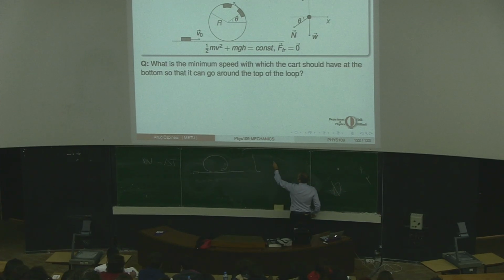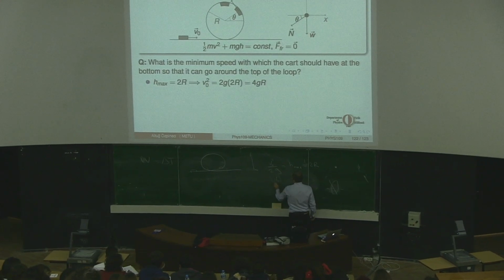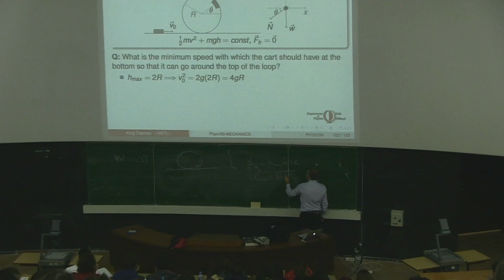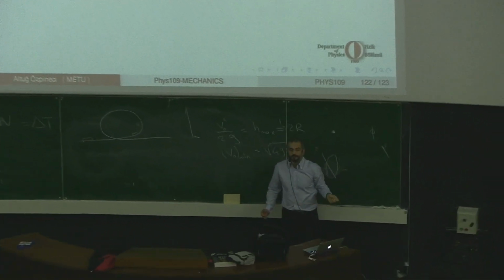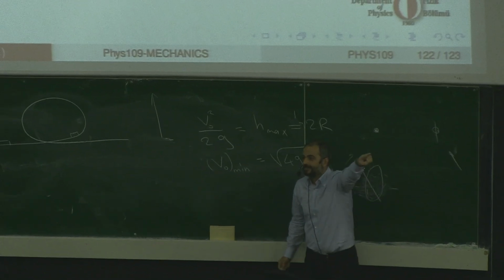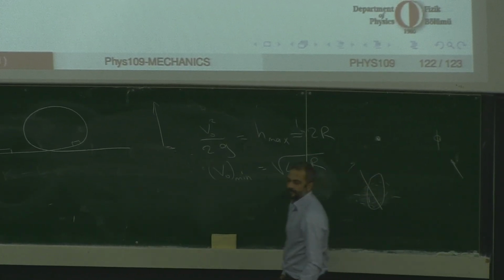Yes, tell me. So you are saying that H max is 2R. So V0, at least the minimum V0 should be square root of 4GR.